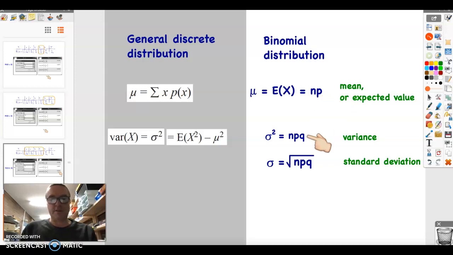The variance of a binomial distribution is n times p times q. And the standard deviation is always the square root of the variance. In fact, in part 1, I think I omitted the square root, so I'm rectifying that right now. The standard deviation is the square root of n times p times q.